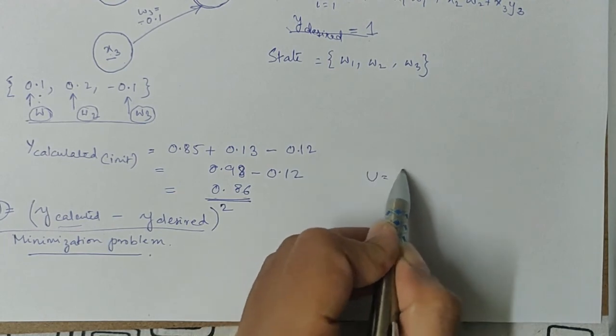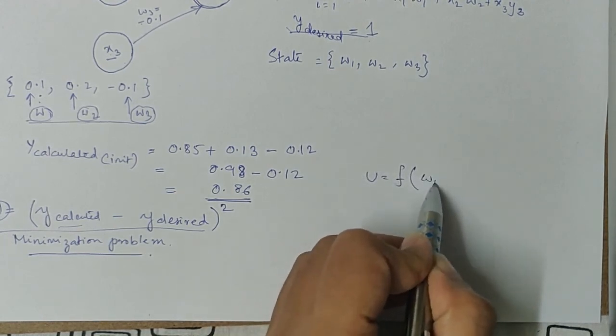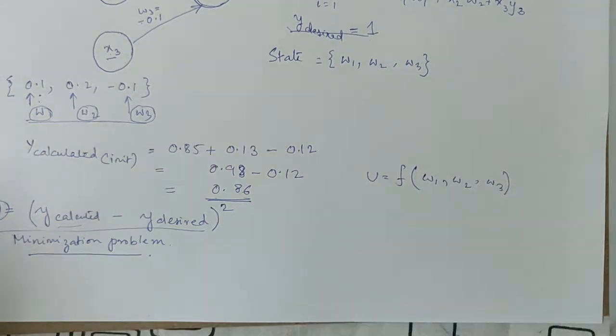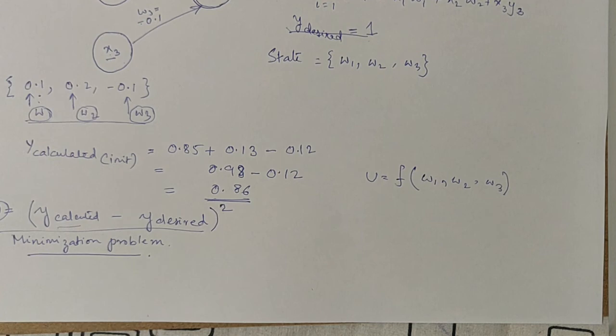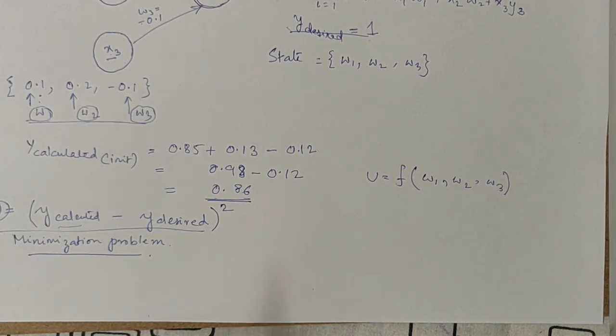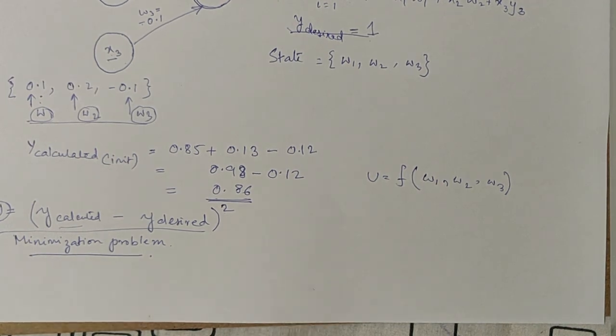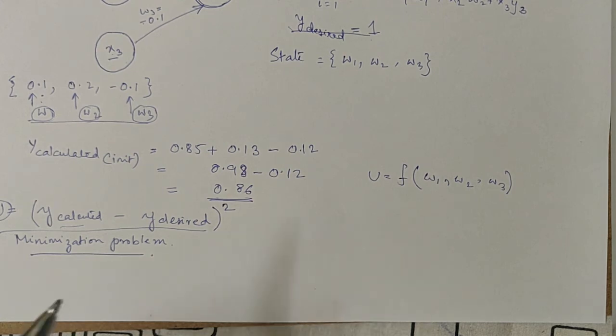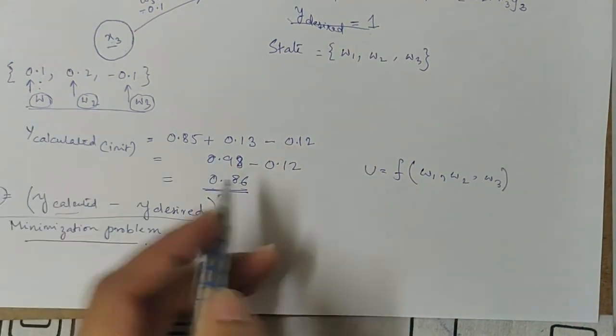So u is actually a function of w1, w2 and w3. So in the same manner in which we were updating x, updating our state for the next state in our previous problem, for the square root finding problem, here also we will find our next state. How we will do that? Let us see. It's as simple as that.